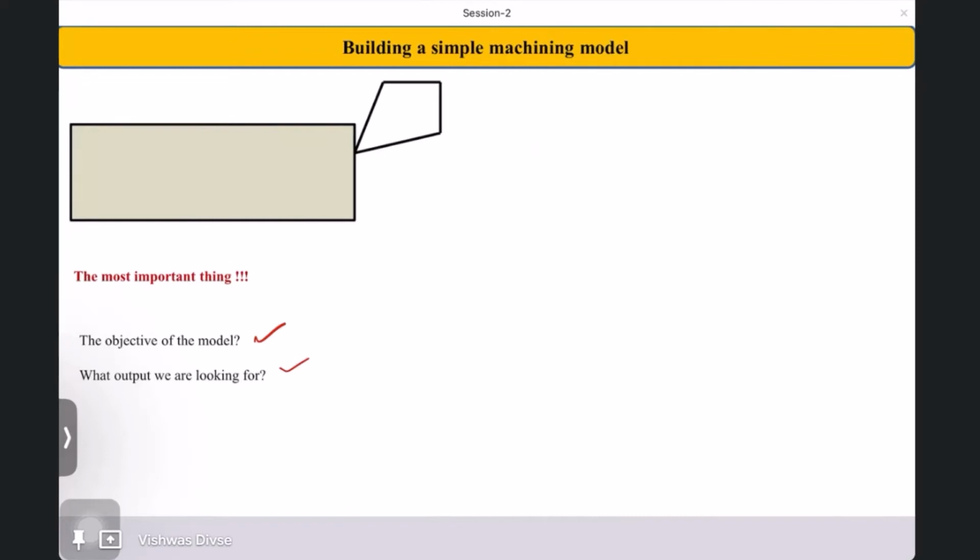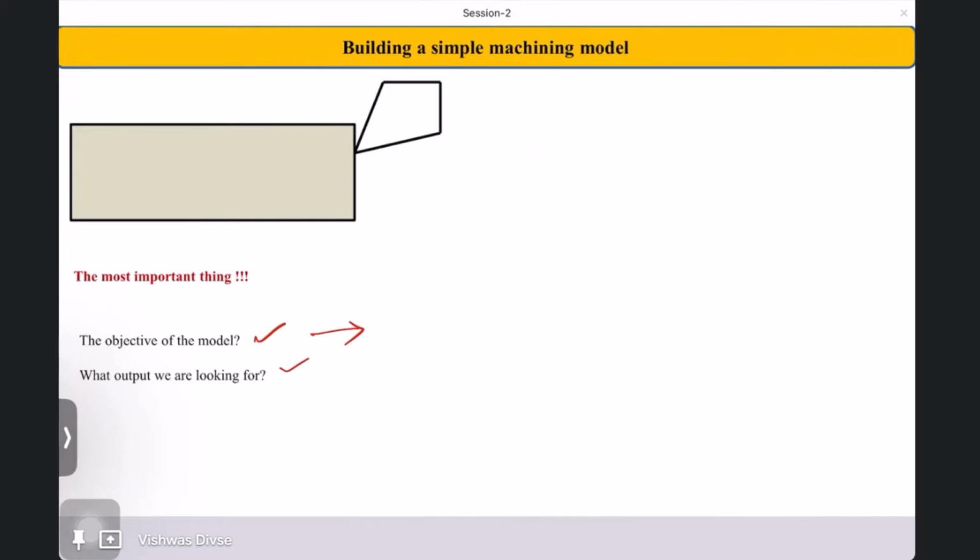What is the objective of the model? What are you looking for? You should define this very clearly, because one model will not give you all the required outputs. Not possible. If I'm interested only in cutting forces, maybe you need a very simple model. If you also want chip formation type and its mechanism, maybe you need more detail.